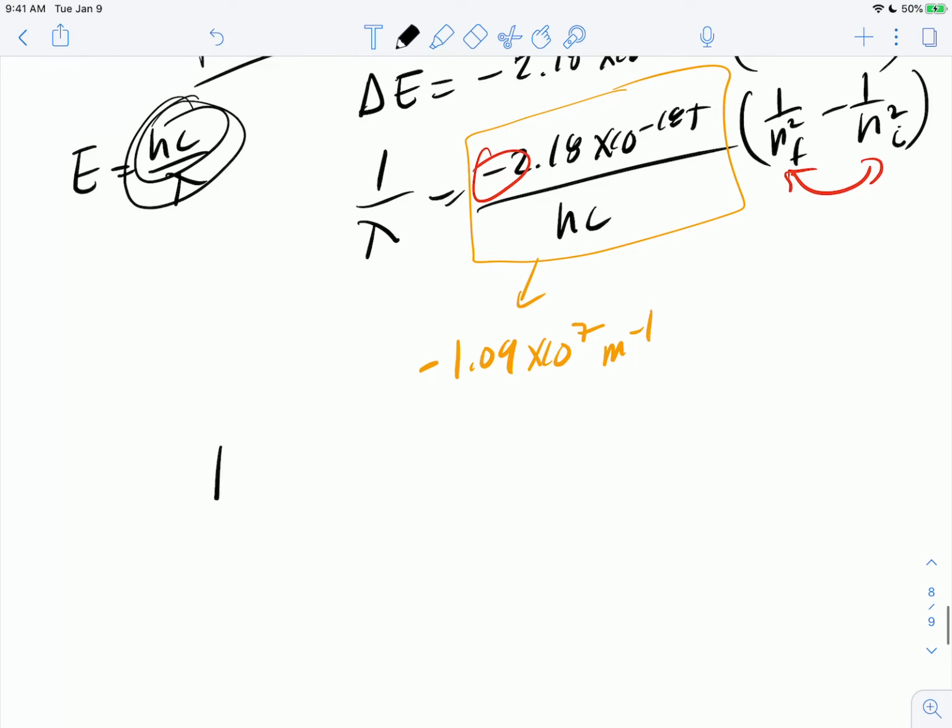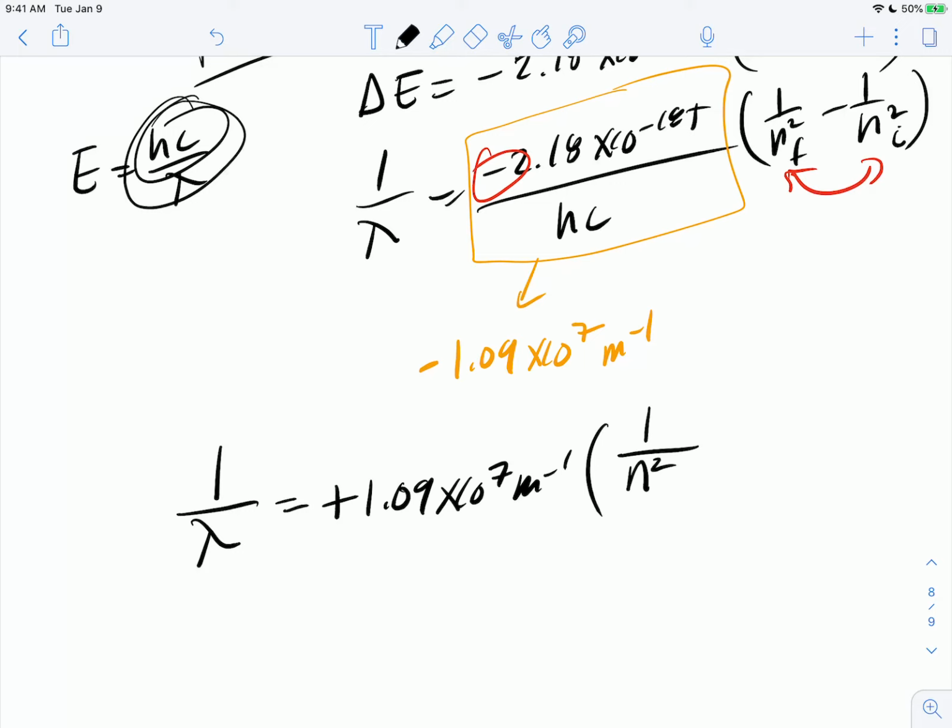I'm going to write it out first, and then I'll explain. So they're going to make this positive, so it'll be a positive 1.09 times 10 to the 7 meters to the negative 1, and then 1 over n squared low, the lower of the two numbers, like an absolute value, over 1 over n squared high.